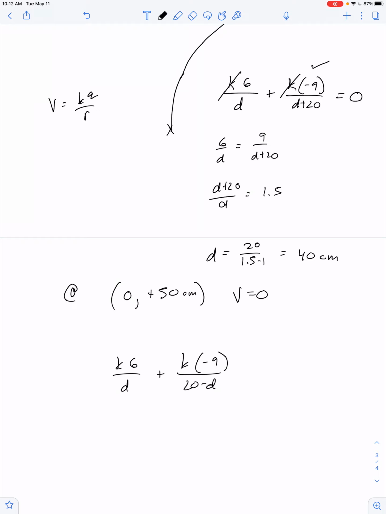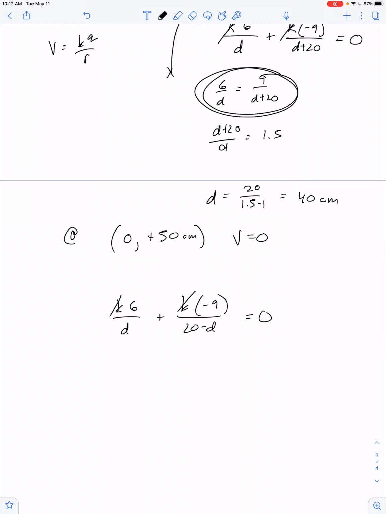So the only difference between this expression, well, wait, let me take one more step. All this has to equal 0. This is the net potential. So I'm going to add 9 over 20 minus d to both sides of the equation. So 6 over d equals 9 over 20 minus d.